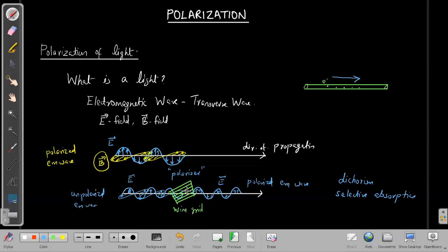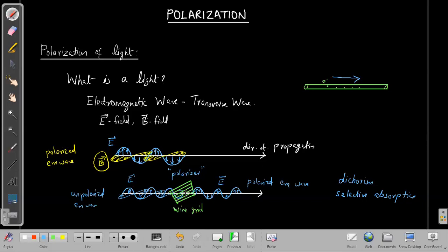As chemistry people, or those who are in chemistry, might know about polymers, certain polymers can have very high conductivity along one direction, and such polymers can be used instead of a wire grid to polarize an electromagnetic wave.